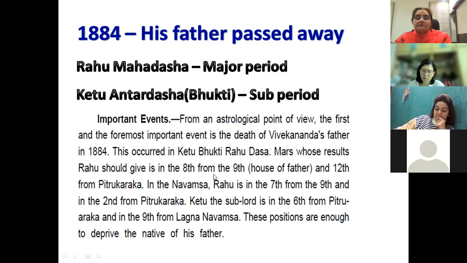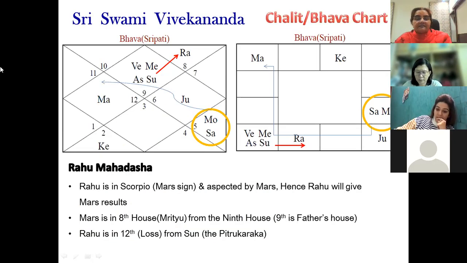Okay. So now understand who is Rahu's dispositor: Mars. And remember, in the Lagna chart, Mars is placed here. From here, Mars is aspecting this. And remember that combination, Adhishthit Rashi Drishti Samman.